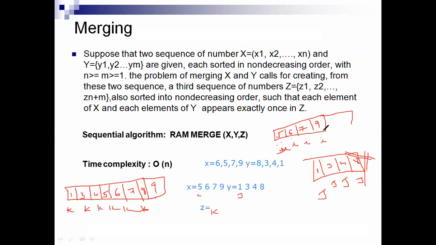For example, if we have 10 and also 13, we only compare up to 9. We cannot compare these elements, because this is a sorted array and this is also another sorted array.